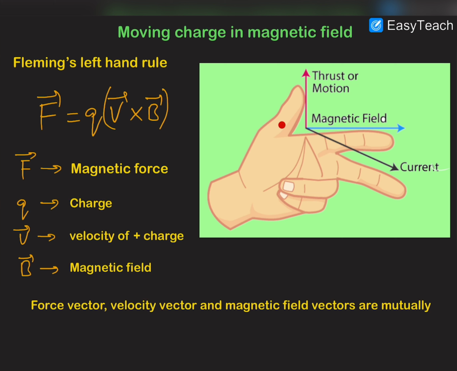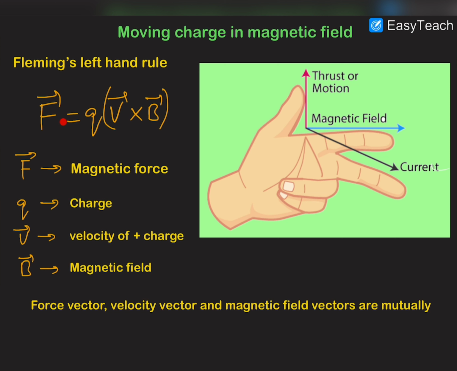So again, if we stretch the thumb and first two fingers of our left hand mutually perpendicular to each other, then the thumb will represent the direction of force, the first finger will represent the direction of the magnetic field, and the second finger will represent the direction of velocity of the positive charge, because we know that the positive charge moves in the same direction as the current in the presence of electric or magnetic fields.